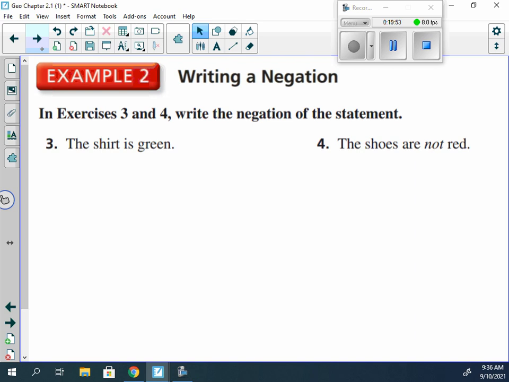I think we got this, yes? The shirt is green. Its negation is the shirt is not green. The last one, these shoes are not red. The shoes are red would be the negation. Questions on this here?